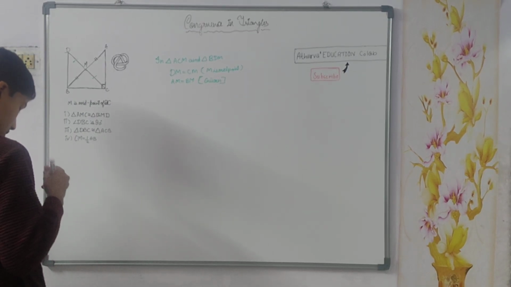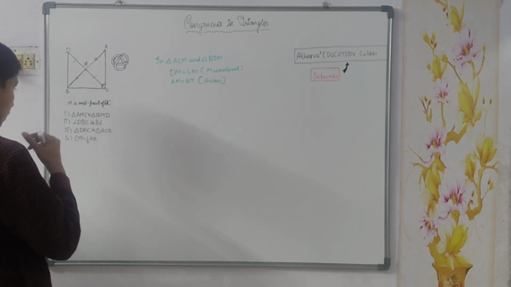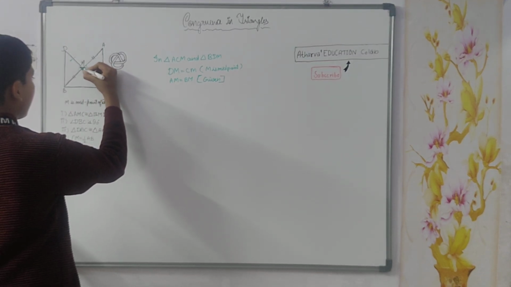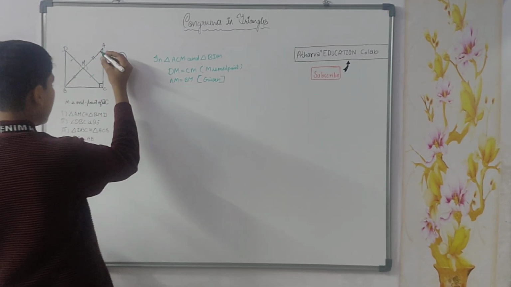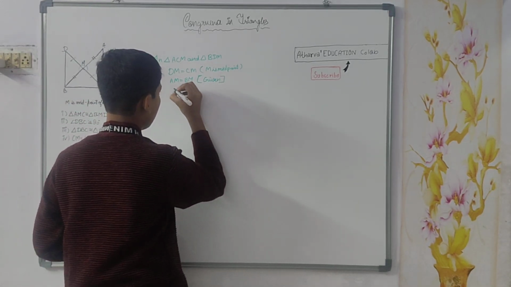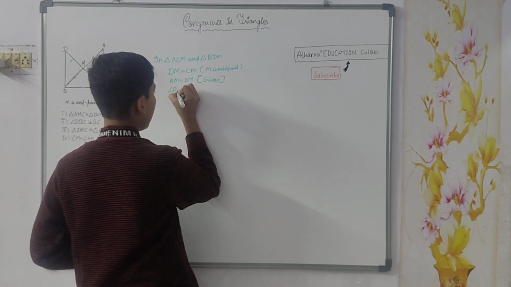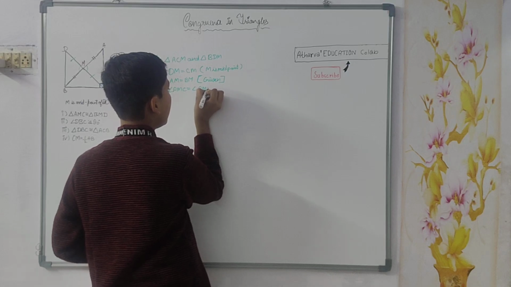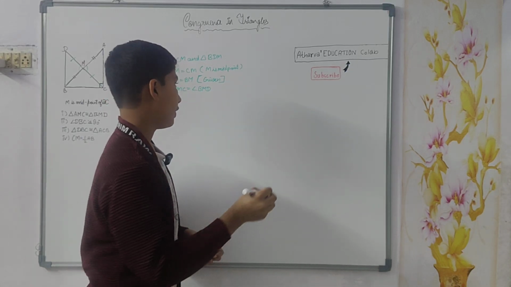Now what will we take? We will take this angle, meaning angle AMC equal to angle DMB. Angle AMC equal to angle BMD. Now why will this be equal?